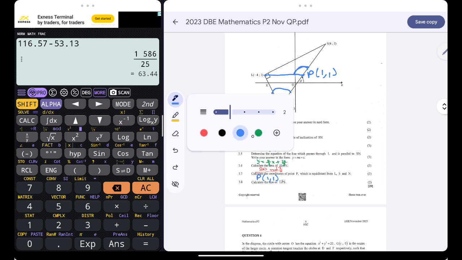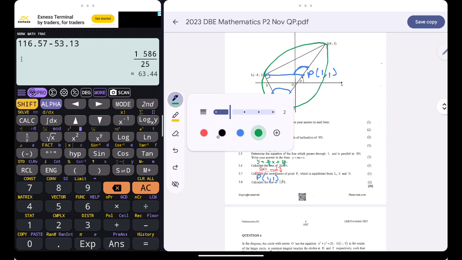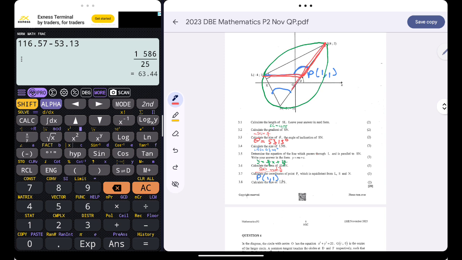Since we have seen that we have a circle over here, I can simply say that the angle at the center is 2 times the one at the circumference. So this simply means that angle LPS has to be 2 times angle LNS.